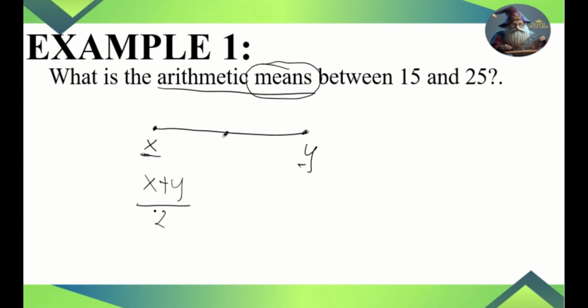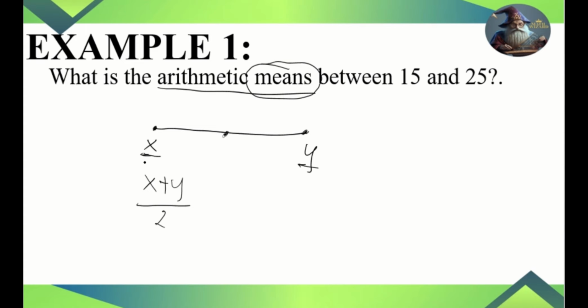So kailangan natin mag-divide ng 2 to get the average or to get the mean of these two non-consecutive terms. Okay? Remember that x and y is just a dummy variable or a representation of a certain number.